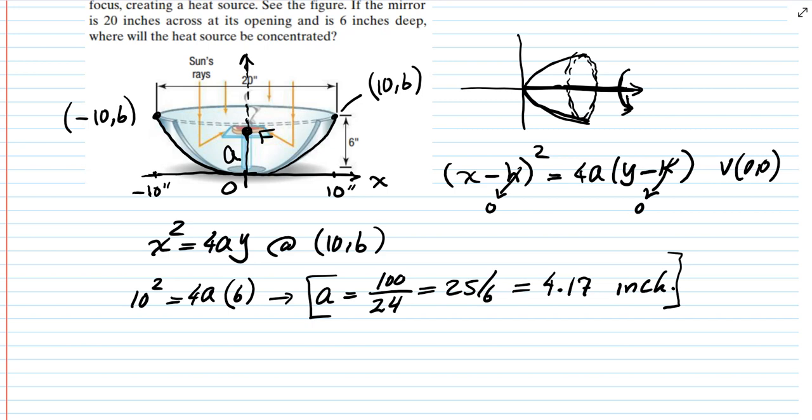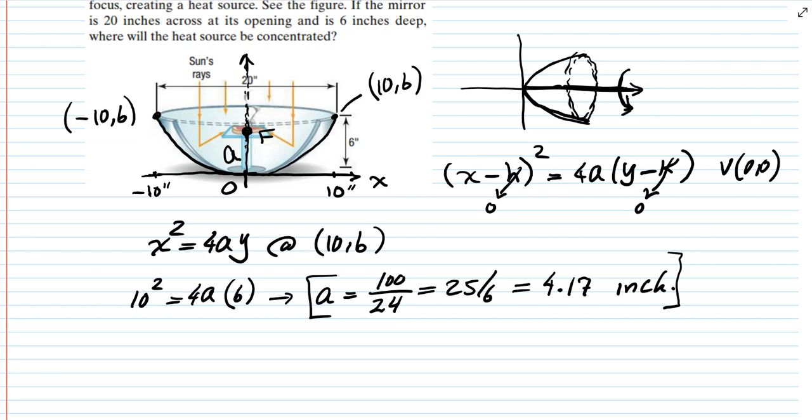So the answer is going to be what? 4.17 inches from the base along the axis of symmetry, not the x-axis, along the axis of symmetry. Because the focus is always on the axis of symmetry or transverse axis. And there's the answer, right?